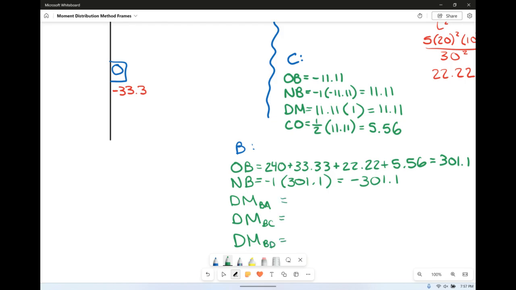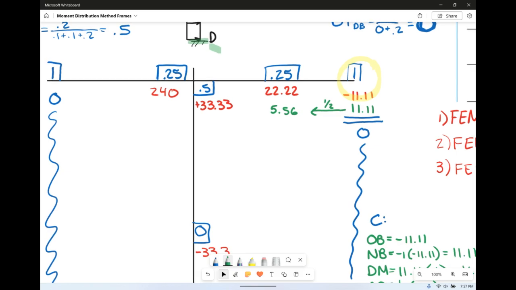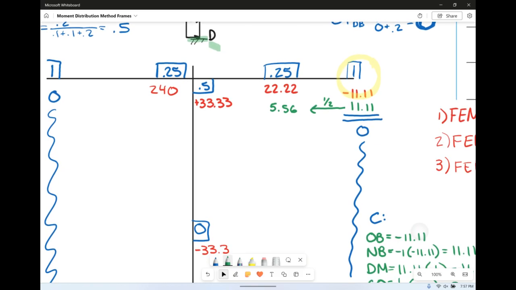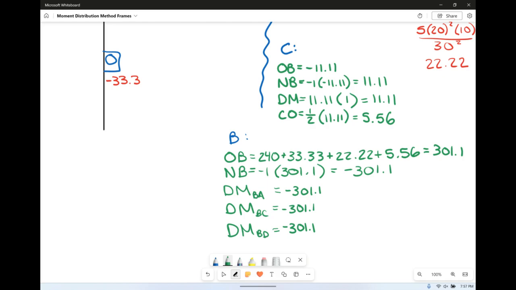So for each of these, we take the new balance, which is negative 301.1, and we multiply by the distribution factor. So for A and C, it's 0.25, and for D, it's 0.5. So multiply by 0.25 for the A side, 0.25 for the C side, 0.5 for the D side.